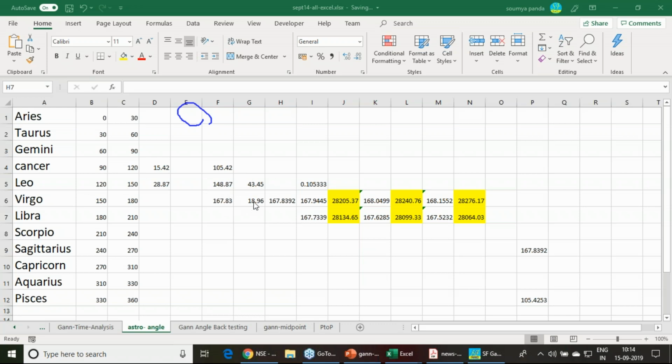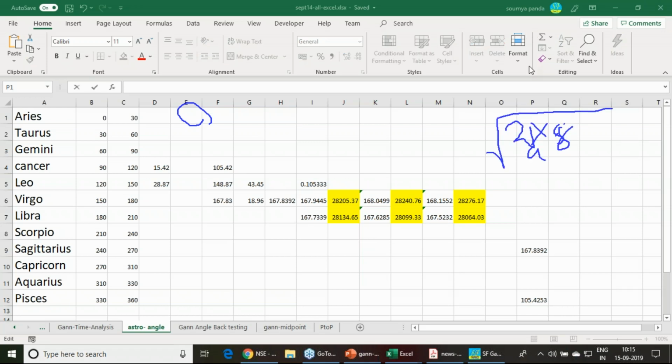I am taking the positive difference, 18.96. So I have taken the factor of 18.96, and these are the resistances and supports calculated. You can use it for equity shares also. For 2-digit stocks, multiply by 8 and take the square root. Take its angular positions, look into your sun positions and project that.